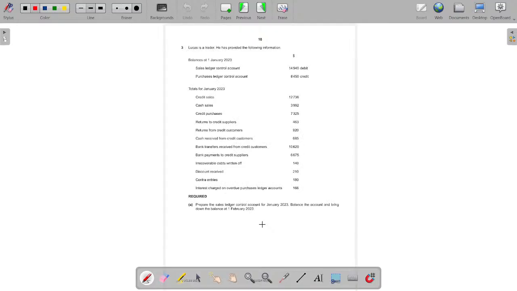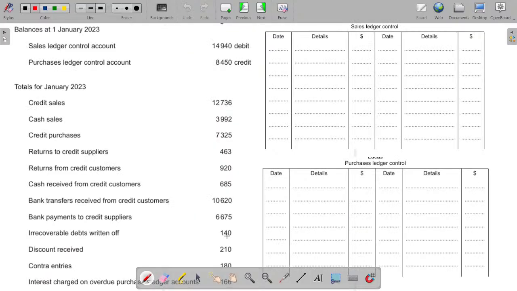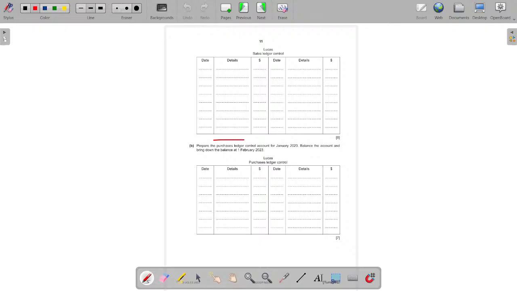Now, question number 3. Lucas is a trader. He has provided the following information. Prepare the sales ledger control account as well as the purchase ledger control account.